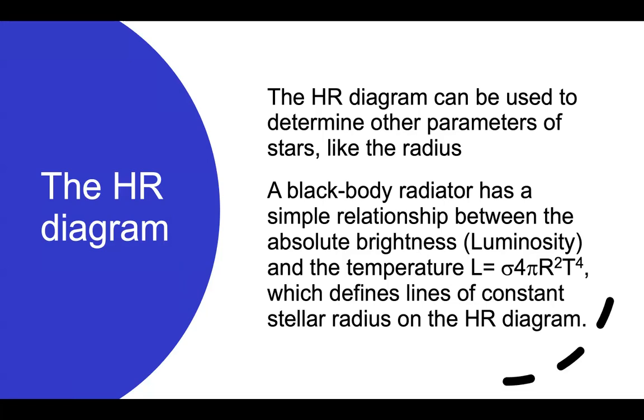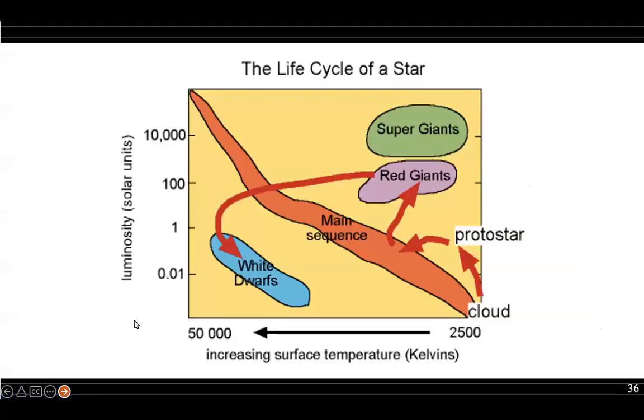So if you can plot a star on the HR diagram, which we will be doing today, you can get all parameters for that star, which include the mass, the radius, the temperature, and its age. You will get all those parameters from the HR diagram, and that's why it is so very important.